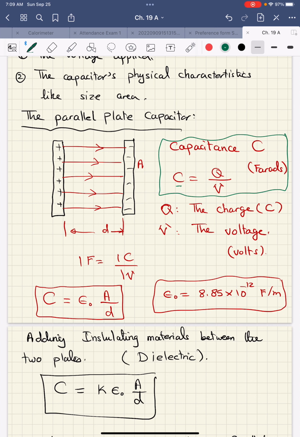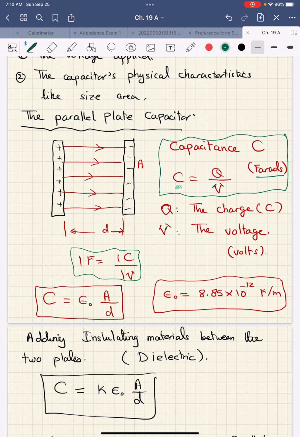The capacitance equals the charge divided by voltage. It is measured in a unit called farads. Q is the charge and it's in coulombs, and V is the voltage and it is in volts. 1 farad equals 1 coulomb over 1 volt.